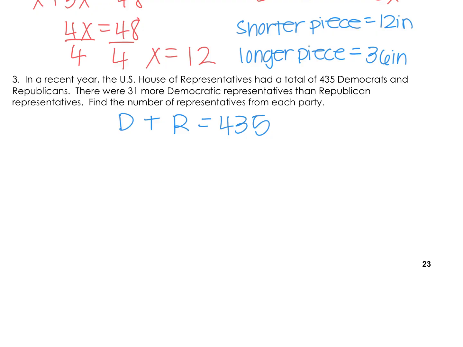And then it says there were 31 more Democratic representatives than Republican representatives. So we're adding to the Republicans to get to the Democrats. So the Democrats are 31 more than the Republicans. Does that seem right to y'all?